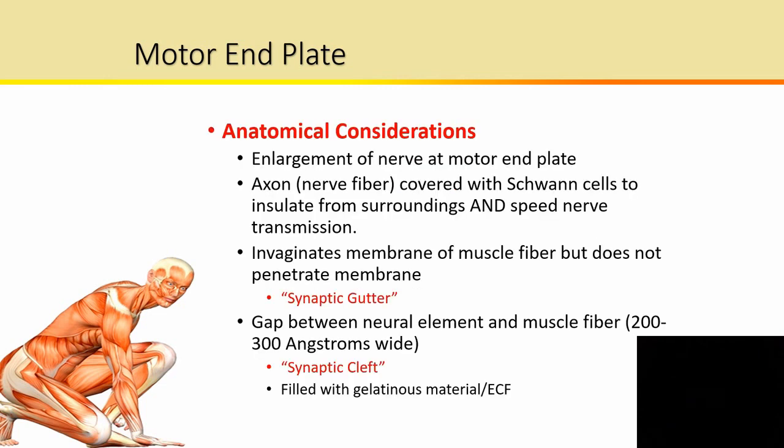A couple of anatomical considerations. The motor end plate is the enlargement at the end of the motor nerve. When the nerve gets down close to the muscle fiber itself, it starts to bulge out, and that's the enlargement we see at the motor end plate. Now, the axon is basically that long wire or filament. We saw that a little bit in the lab when we looked at nerve fibers.